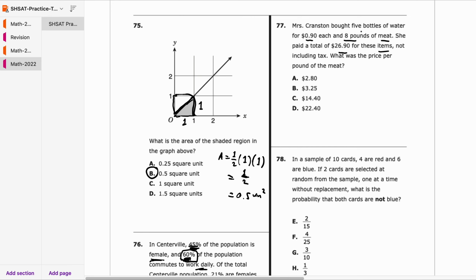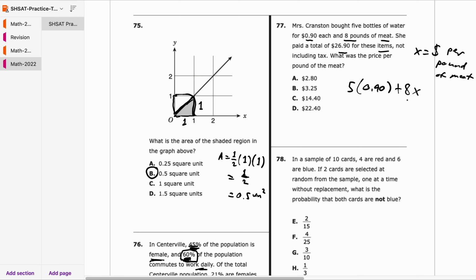Okay. So this looks like an algebra problem. She buys 5 bottles of water for 0.9 each, and she buys 8 pounds of meat. So I'm gonna let x be the price per pound of meat.